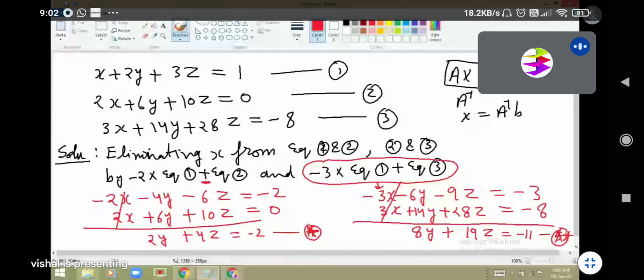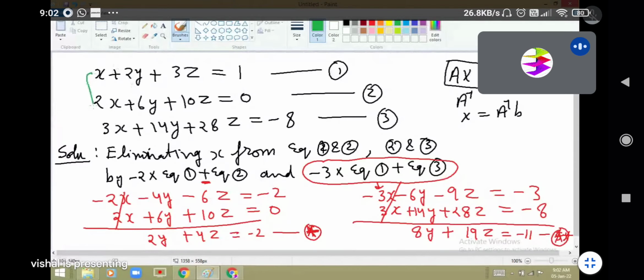Have you got how equation star and equation double star come about? Okay, very good.